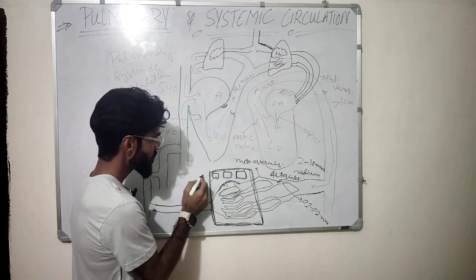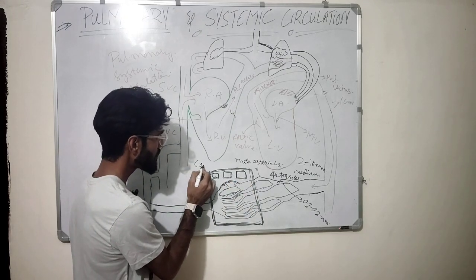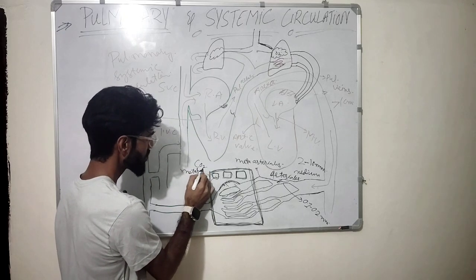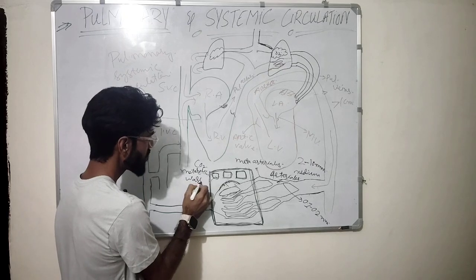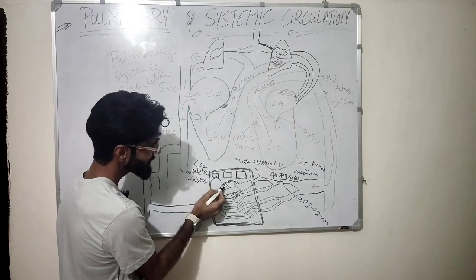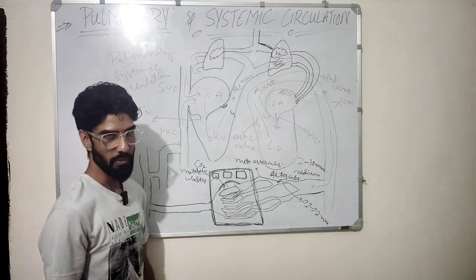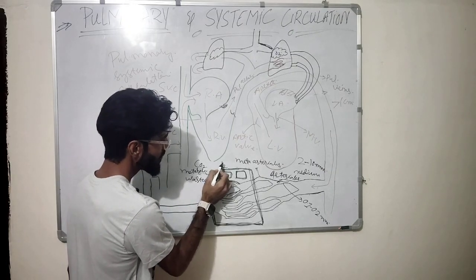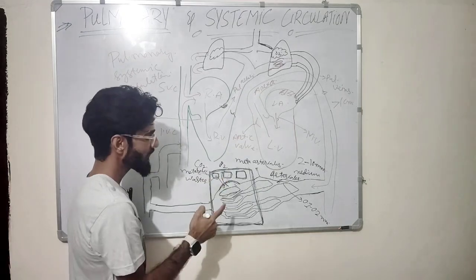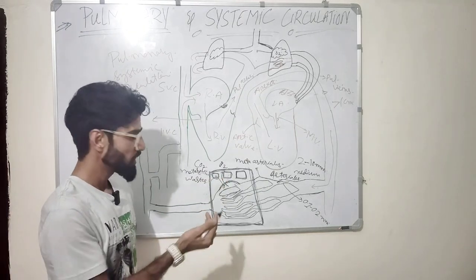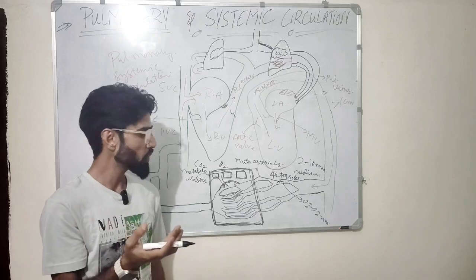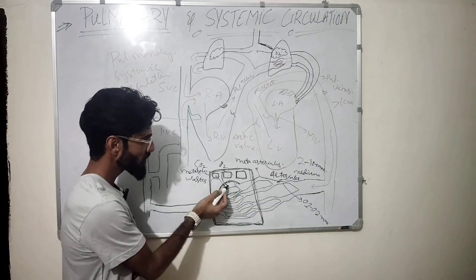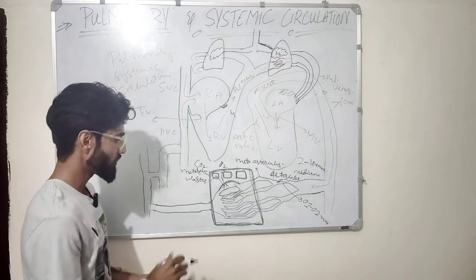And from the cells, carbon dioxide and other metabolic wastes will shift from these cells into the capillary system, and from the capillaries oxygen will shift into these cells, and if required, the other nutrients, amino acids, hormones, glucose, whatever is required for the tissue will shift from the capillary system.